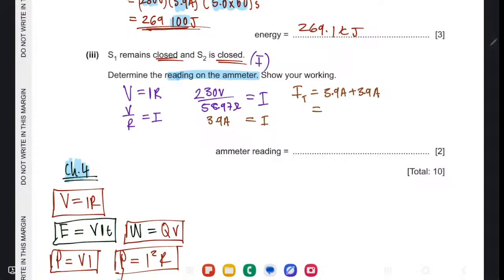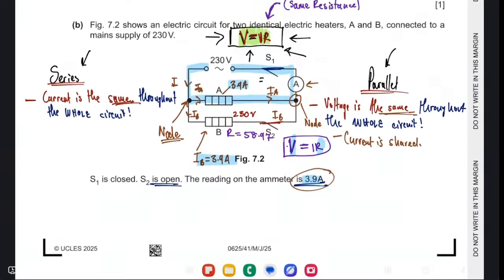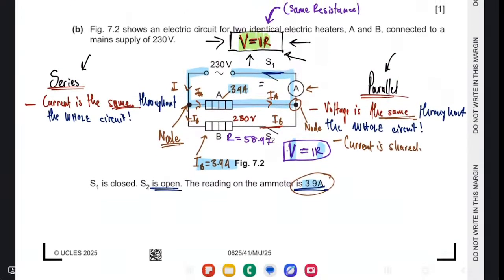Students, what is the answer? 7.8 amps. This is the reading on the ammeter when the currents rejoin. What made us crack this question was the statement identical.